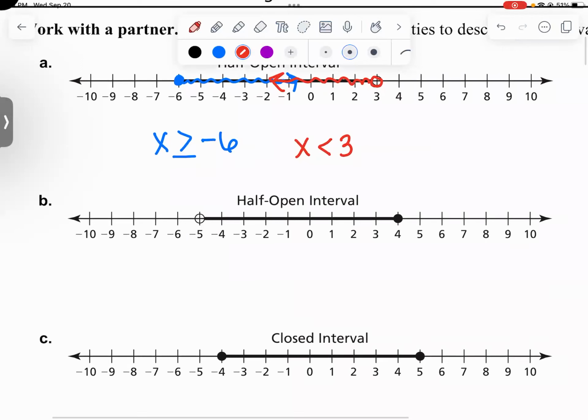Okay. So, Eli, what about this one? Good. Connor, what about this one? X is what?